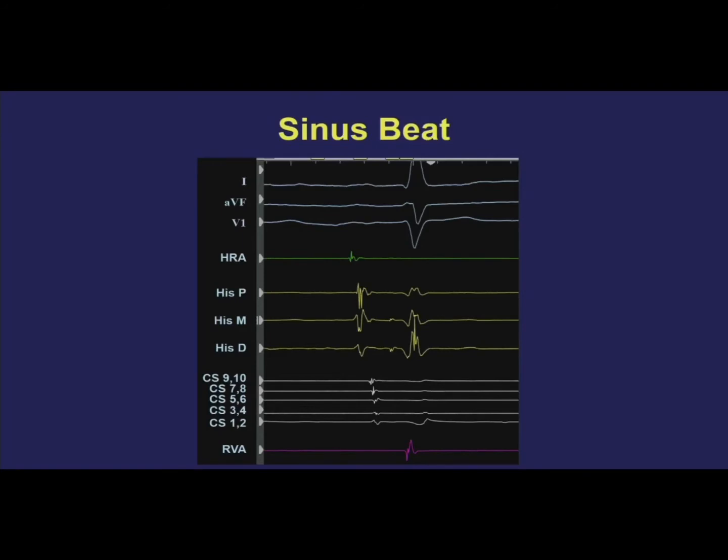If you were to record an HV interval that's short, 25 milliseconds, there are a couple possibilities, as I'm going to review in a few slides, but one possibility is that that's not a His recording. You advanced your catheter further downstream and you're recording a right bundle potential. So it's a right bundle to ventricular timing of 25 milliseconds rather than His.